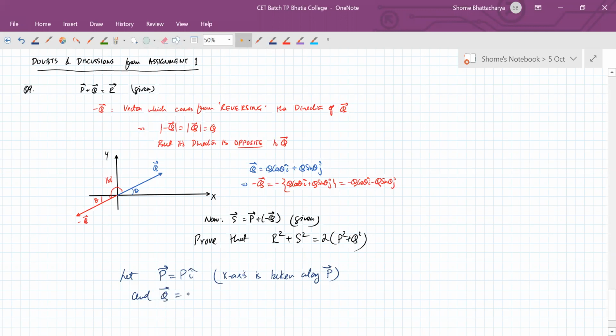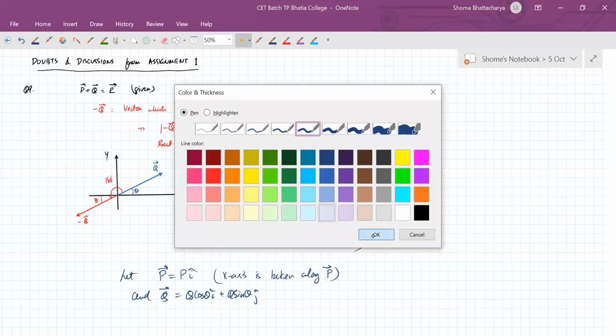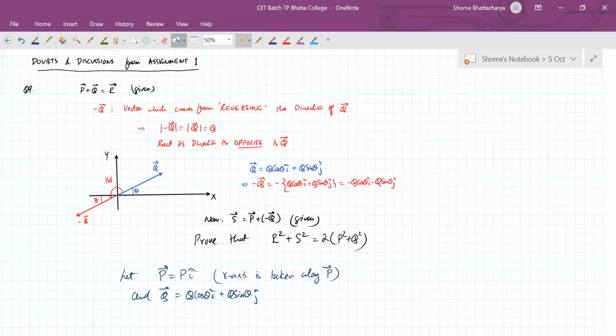So q is q cos theta i cap plus q sin theta j cap, okay. So additionally I'm just saying that the vector p in this diagram should be along the x-axis. So the rest of this diagram is the same, but I'm now assuming that the vector p is some arbitrary vector of magnitude p like this, okay.